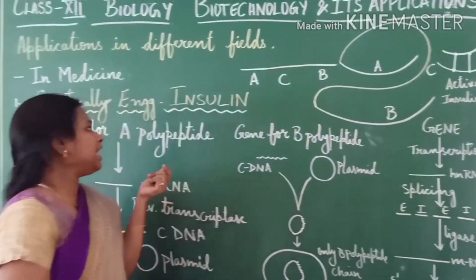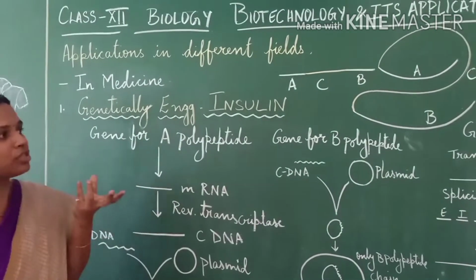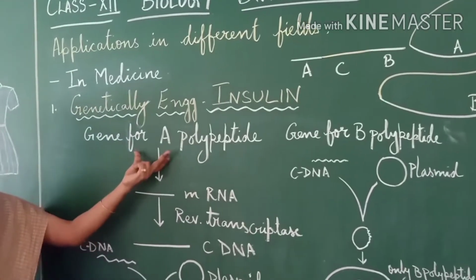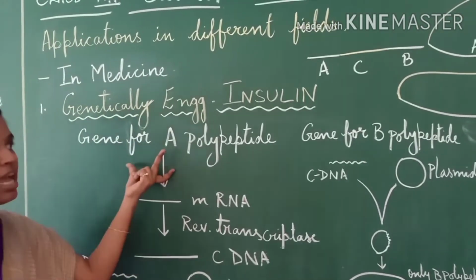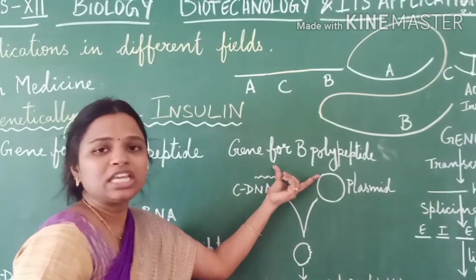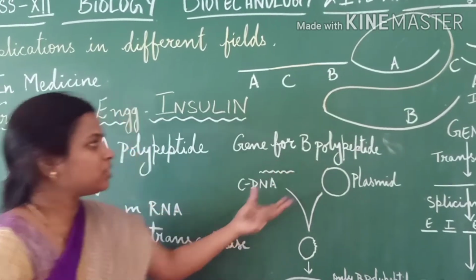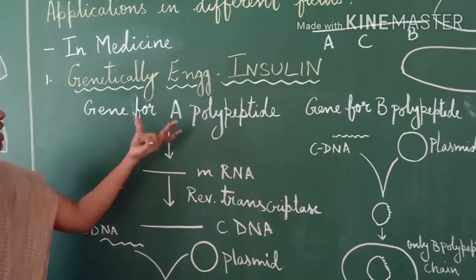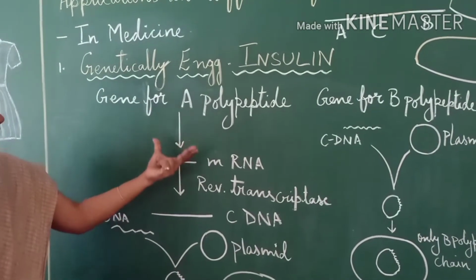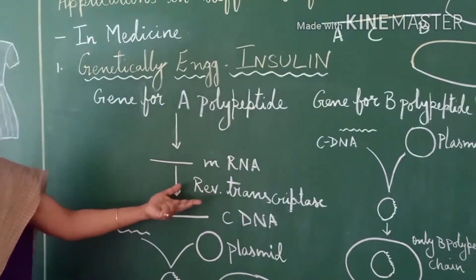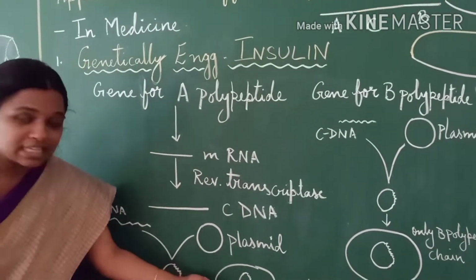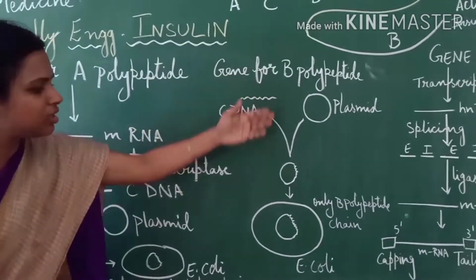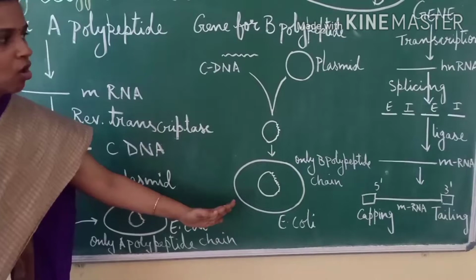So they exploited this and isolated the gene responsible for only the A polypeptide chain and the gene responsible for only the B polypeptide chain. They took the gene for the A polypeptide chain, transcribed it and inserted it in the prokaryotic cell. The same thing was done with the B polypeptide chain also.